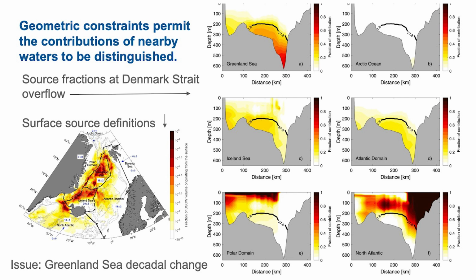So instead of defining things just as source properties, we're defining waters as coming from a particular place, so they have an actual source location. We've got Greenland Sea, Iceland Sea, Atlantic Domain, and so on. When you do that and impose the fact that there must be coherent plumes if you're in a steady circulation, then you can get the heat maps on the right-hand side.